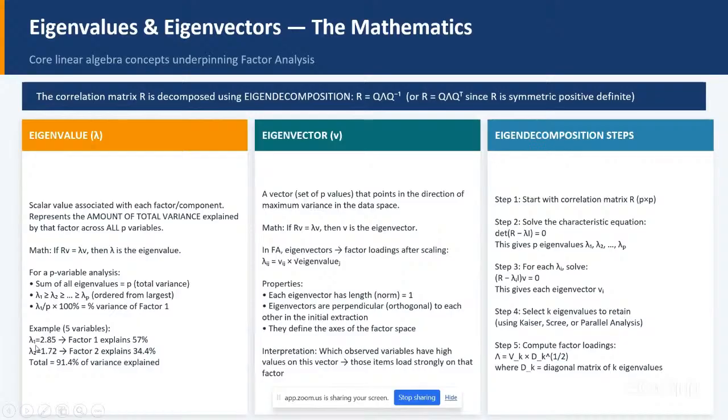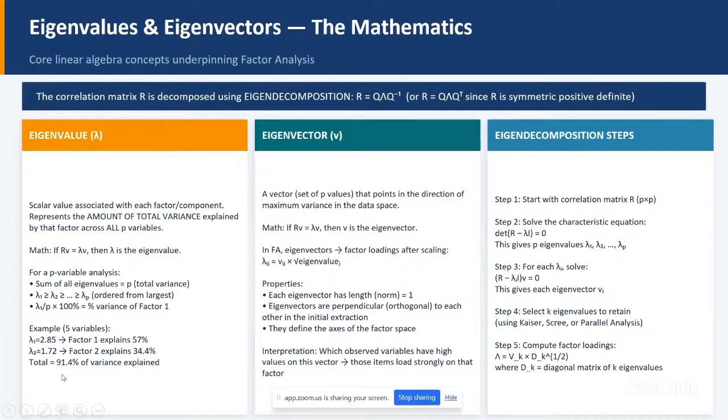If lambda 1 is 2.85 and we have five variables, that is p is 5, then 2.85 divided by 5 times 100, so factor 1 explains 57% of the variance. Similarly for factor 2. So the total explanation will be the explanation by factor 1 plus the explanation by factor 2.